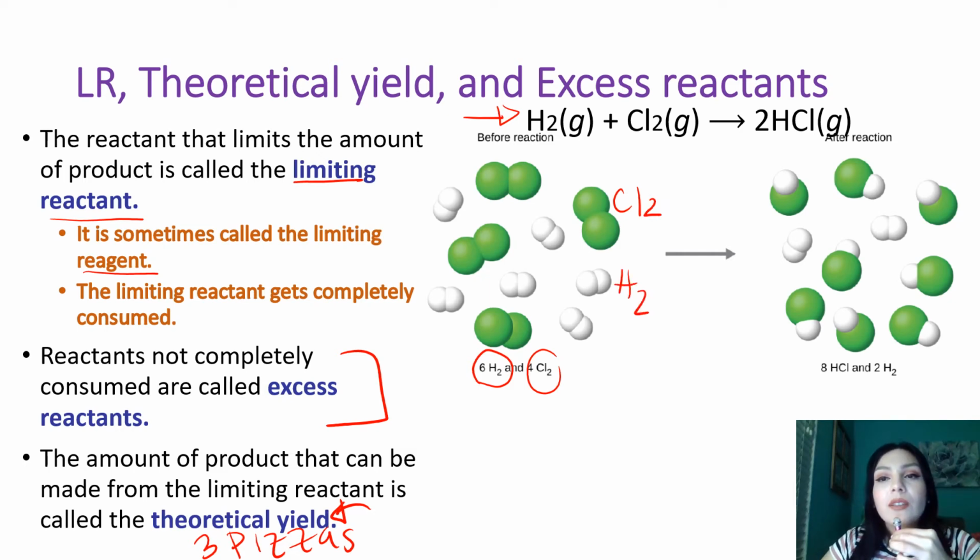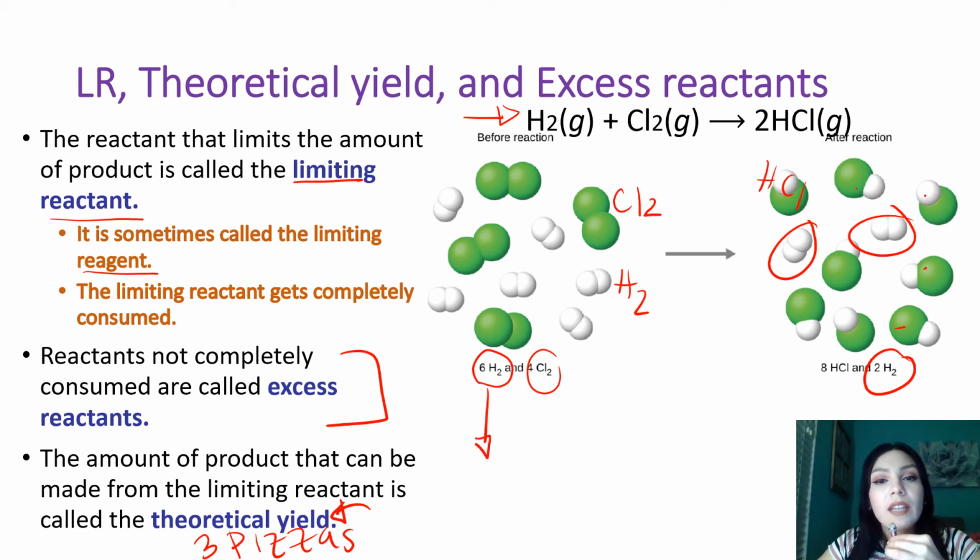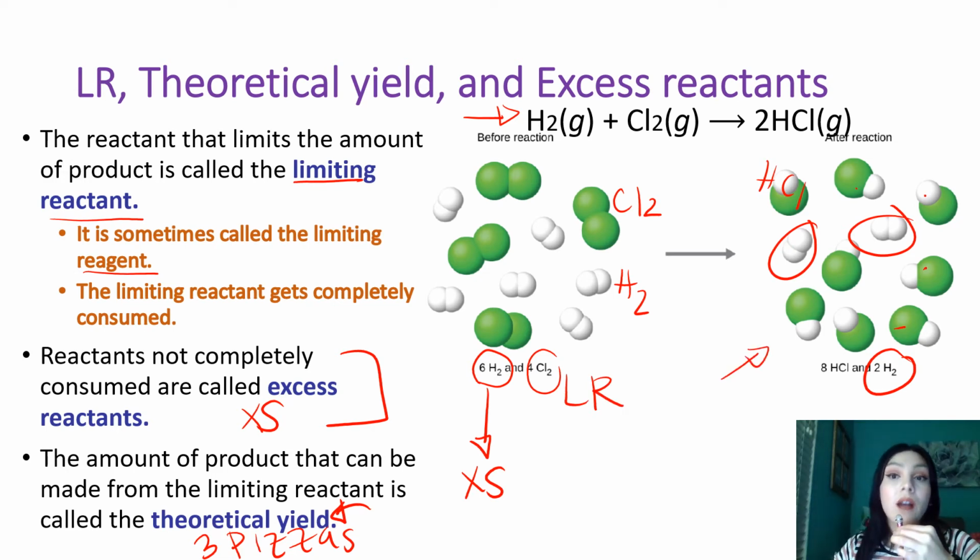When they react, we find that we get a bunch of HCl's, and then we find that we get some leftover hydrogen. So in this case, our hydrogen is in excess, so you'll see me often abbreviate excess with an X and an S, and then for limiting reactant, it was our chlorine, because that one is no longer present. It got completely used up.